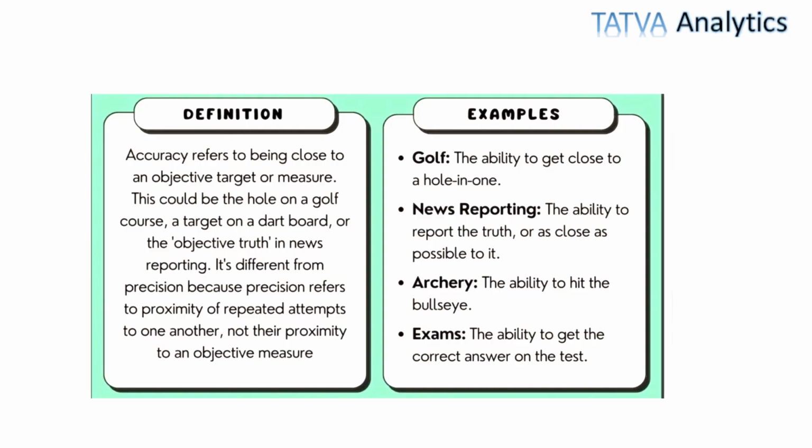Now, it is different from precision, which is about the proximity of repeated attempts, not necessarily near the goal or the objective target. Examples: in golf, the ability to get close to the hole; in news reporting, the ability to report the truth or as close as possible; in archery, the ability to hit the bullseye; and in an exam, the ability to get the correct answer on the test.